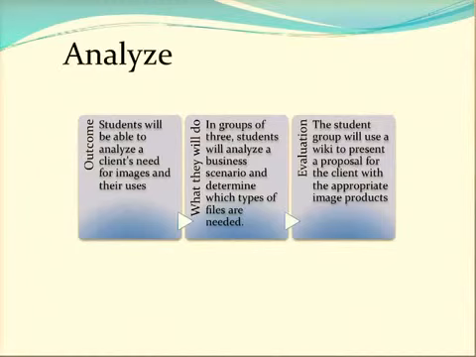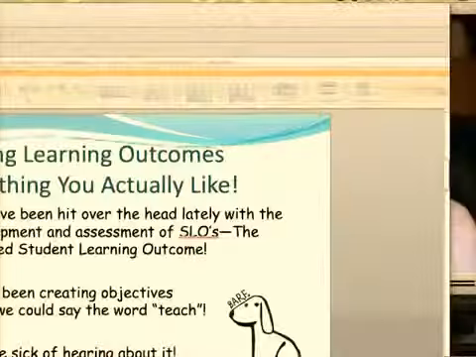You present the business scenario to the students in a video or in a Word file or something like that. And then the student group will use the wiki to present a proposal for the client with the appropriate image products. And that would be how you would evaluate whether they have analyzed or not.